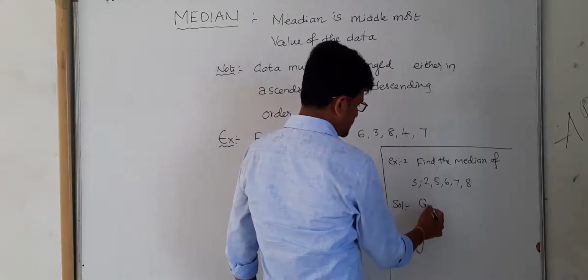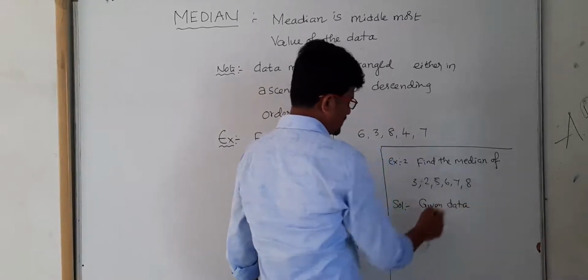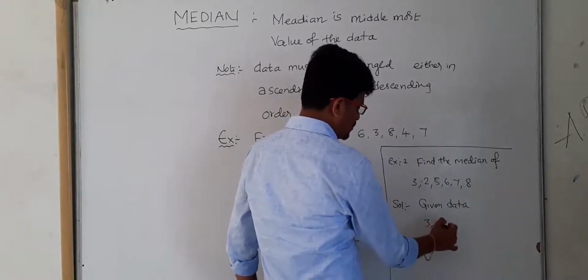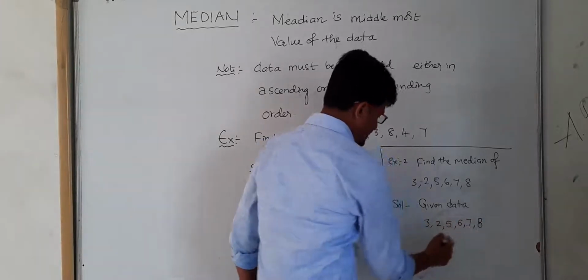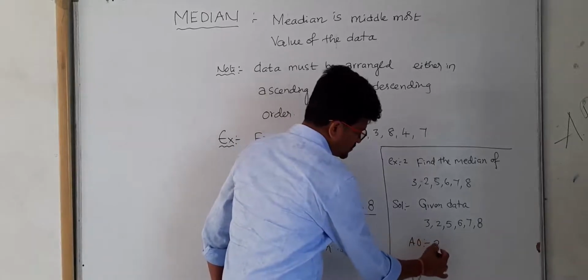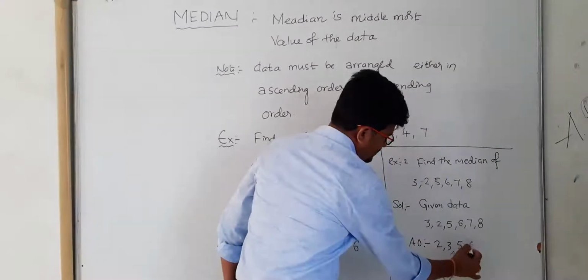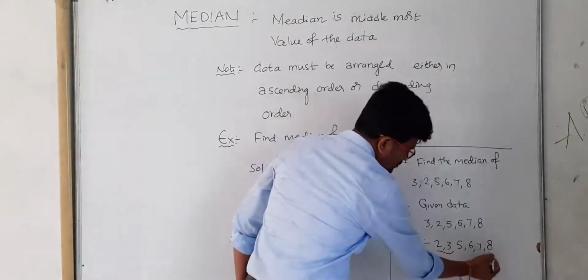Given data 3, 2, 5, 6, 7, 8, and now this is ascending order: 2, 3, 5, 6, 7, 8. Now these two.